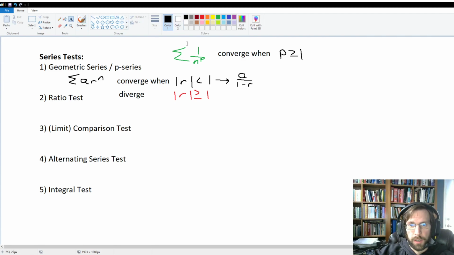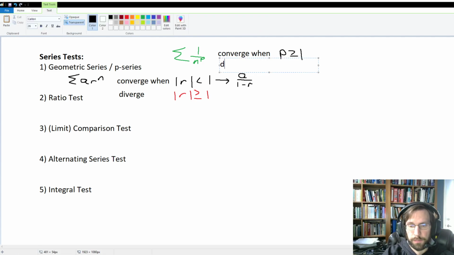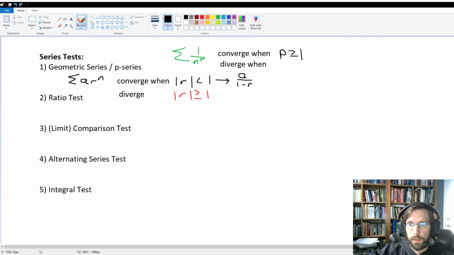And they're going to diverge when p is less than 1. Actually, I messed up earlier. P-series do not converge when p is equal to 1. When p equals 1, you get the harmonic series. So those actually diverge.